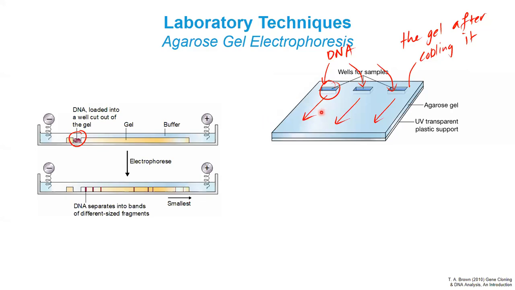Now, with this gel, you have to understand that the DNA that is added to the wells is what we want to separate. So let me tell you something. DNA is colorless.